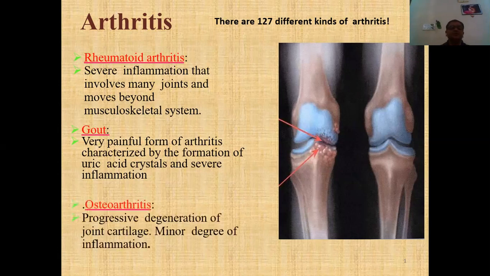The third one is osteoporosis. In this case, there is a progressive degeneration of the joint cartilages.